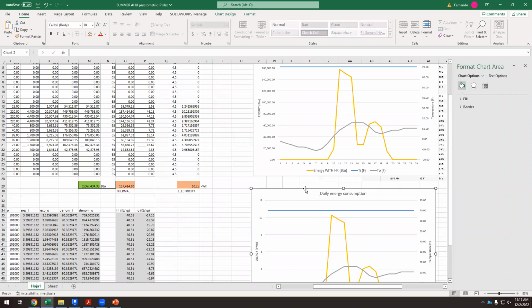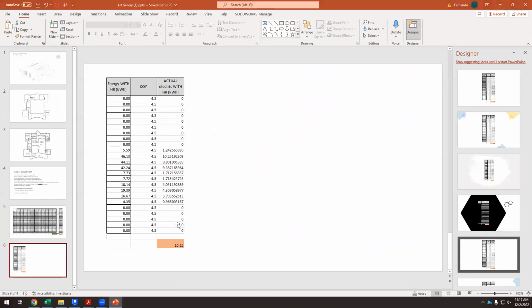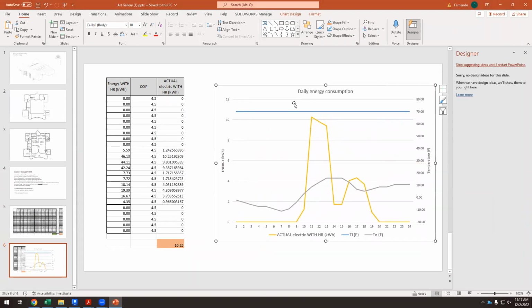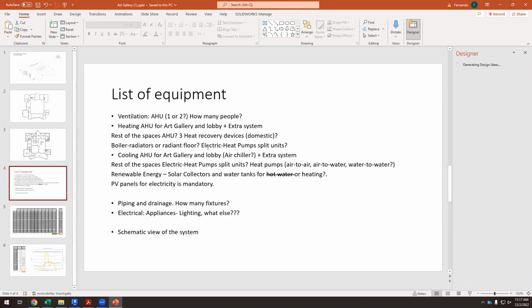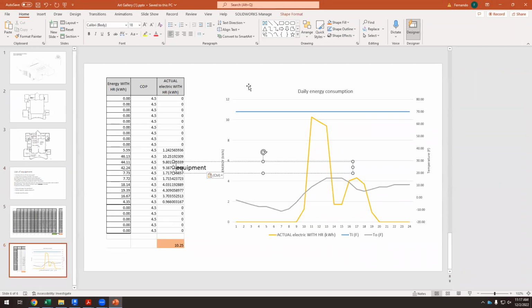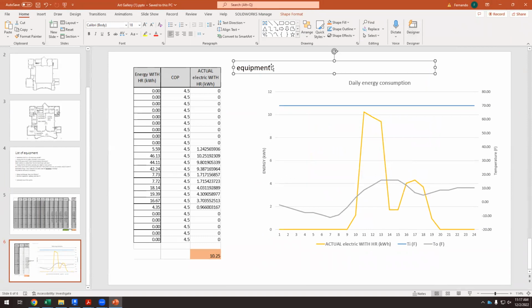Okay, so we can paste this for the kilowatt hour, the electricity. That's the electric heat pump for heating.